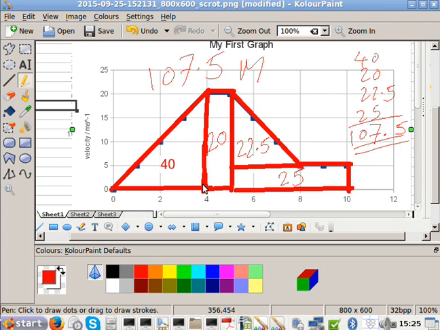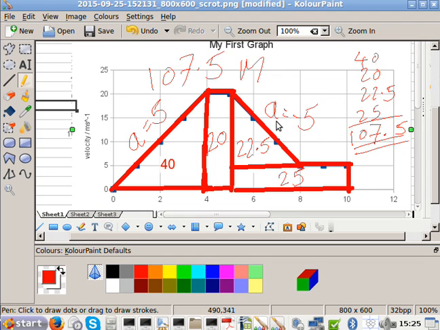What's the height of that triangle? Here the acceleration is 5. And here, what's the height? 15. And the base? 3. 15 divided by 3 is 5. So the acceleration here is minus 5 meters per second squared. So that's the acceleration and deceleration.